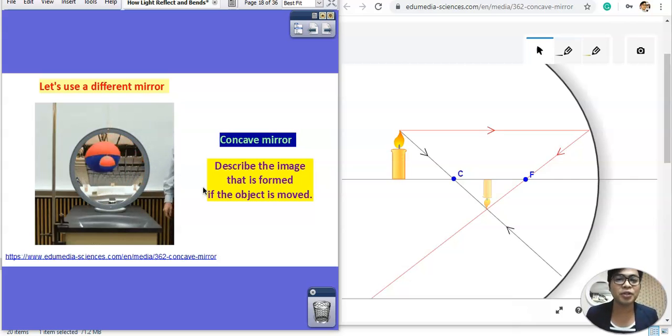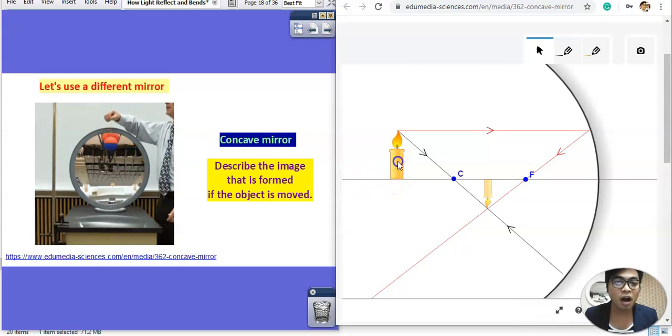So let's try to use a different mirror, and the one I'm using here is called a concave mirror. Try to see how the concave mirror looks. Later on, I'll be asking you what a real life application of this kind of mirror is. We're going to describe the image that is formed as the object is moved.